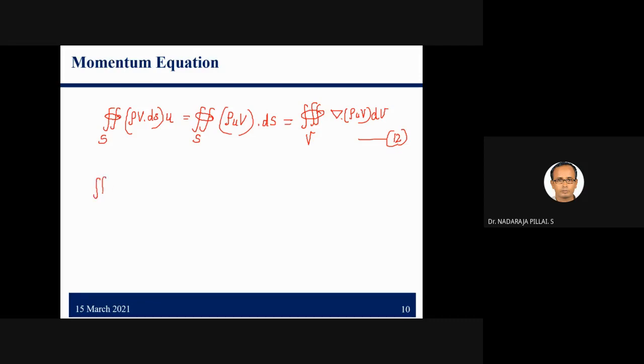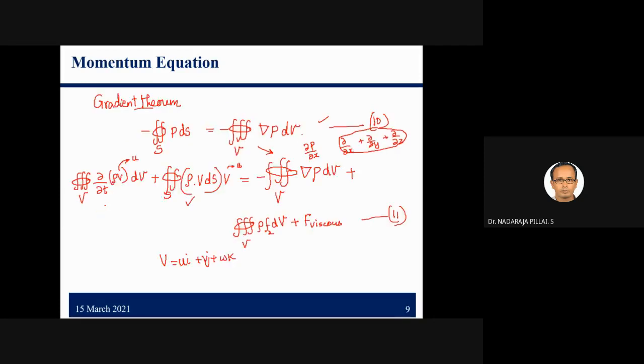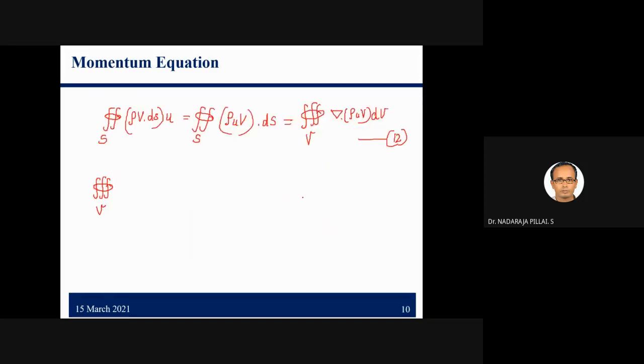We can write the final form of the equation. Triple integral over V. You know this is a triple integral, and this becomes triple integral, and all. So we can write the equation here, especially the x momentum equation. So this becomes dou by dou t of rho u. I consider u because it is only x momentum equation. Del dot rho uv. What is rho uv here?